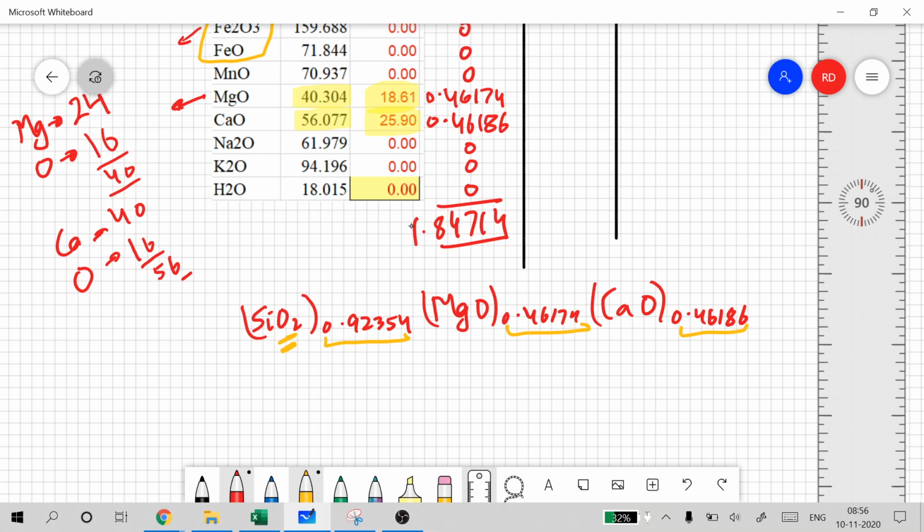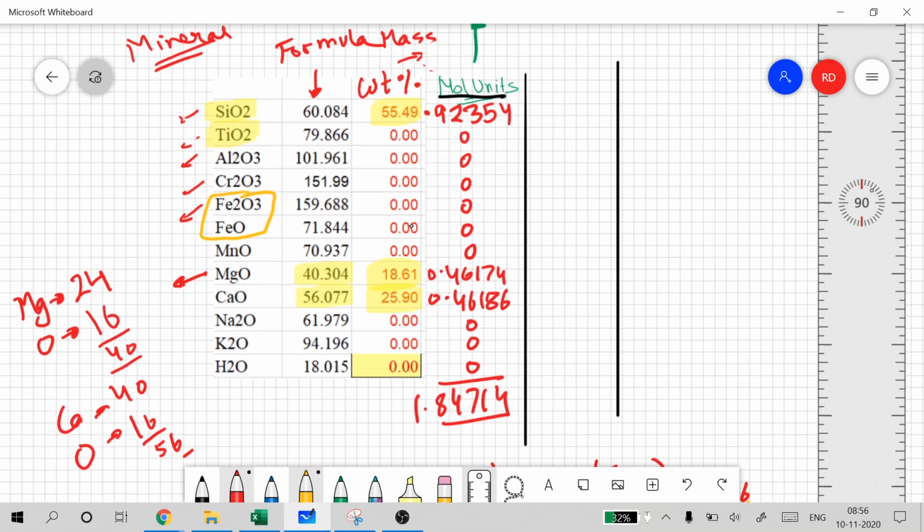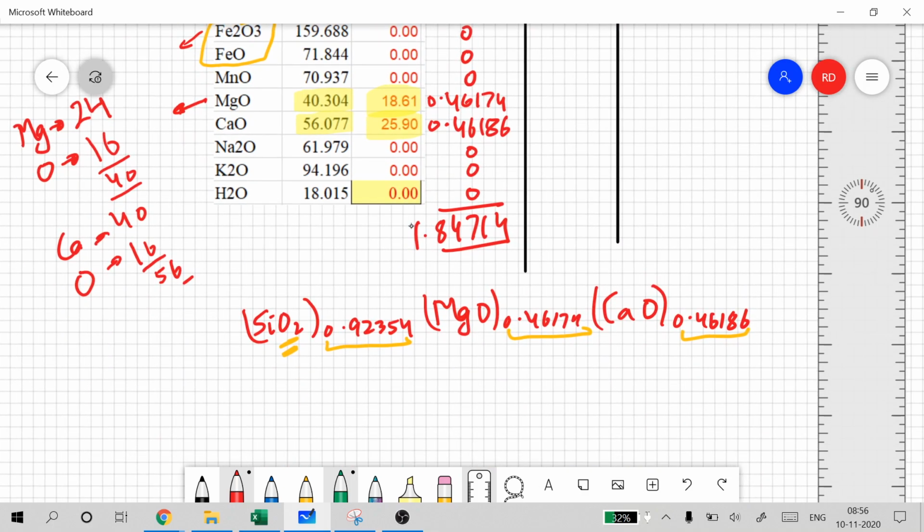Okay, so if I have to calculate oxygen units from mole units, let's go to oxygen units. You just multiply the number of oxygens that you have in the formula by 0.99234 in the first case.